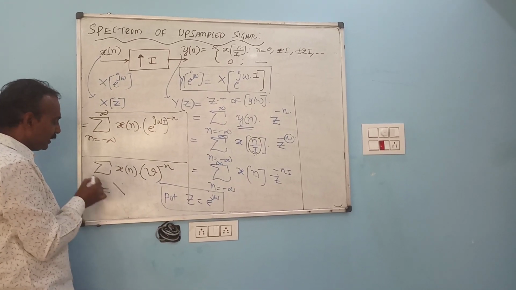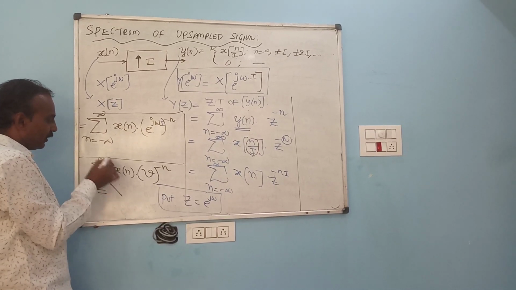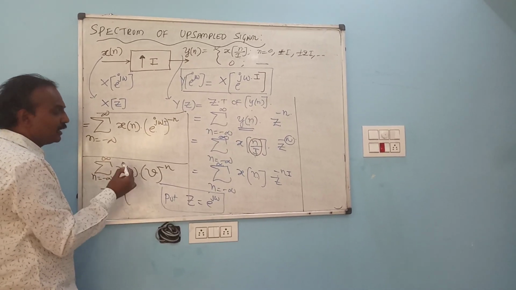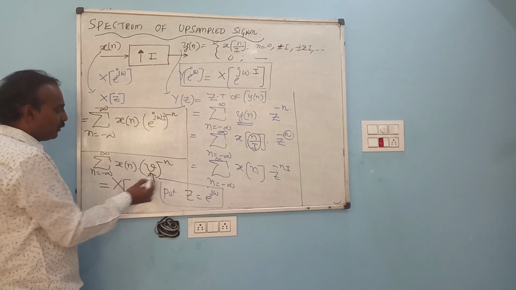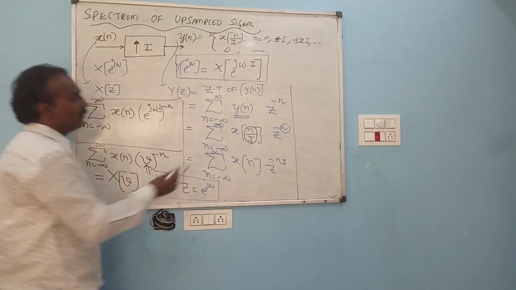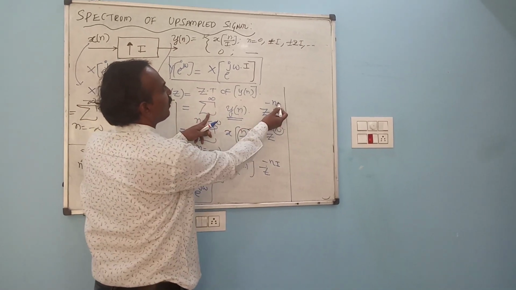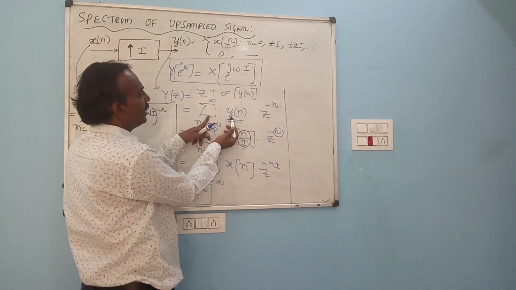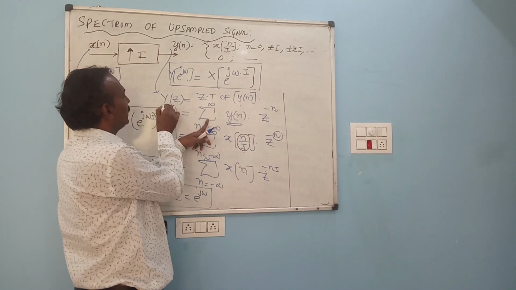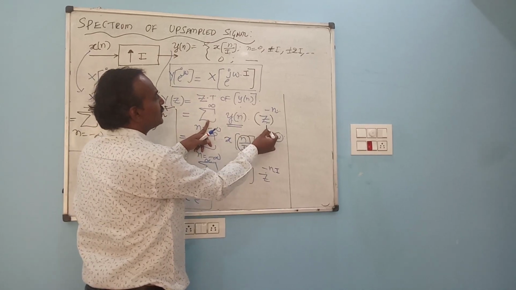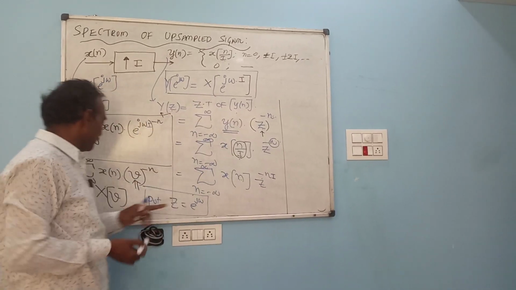After transforming, small x becomes capital X of the variable v. Similarly, in the summation of y of n into z power minus n, after transformation small y is converted to capital Y and the variable is z. Here the variable is v.